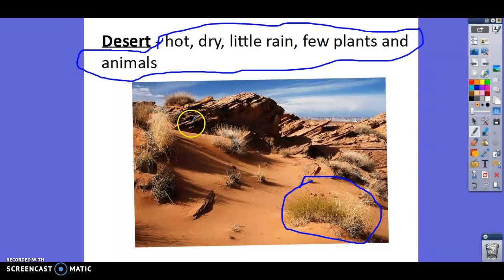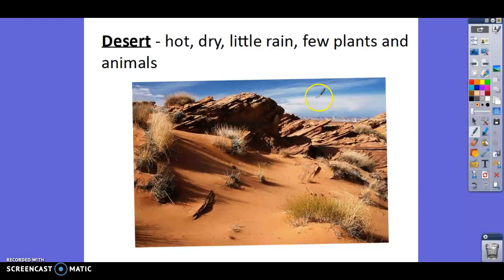Can you pick out that it's the desert if I give you multiple choice or matching? That's what you're going to need to do. And I also might have you identify pictures. Okay? So if I give you this picture, can you tell me, oh, this is a desert? It's not a rainforest. It's not a pine forest, a taiga. It's not a deciduous forest. It's a desert. So those are the types of things you're going to need to know for the test. All right.